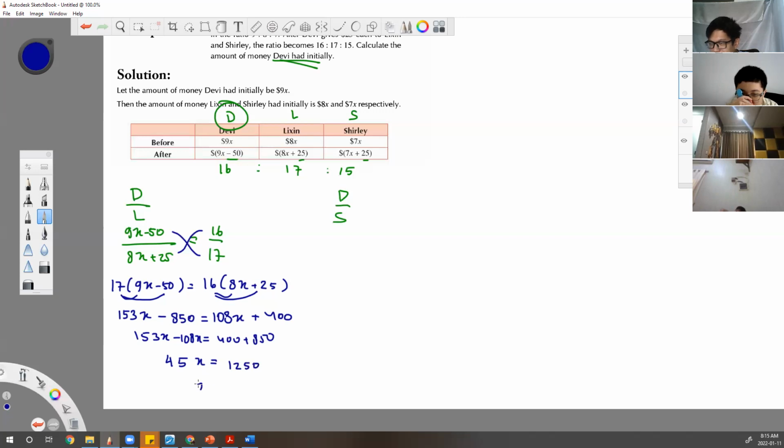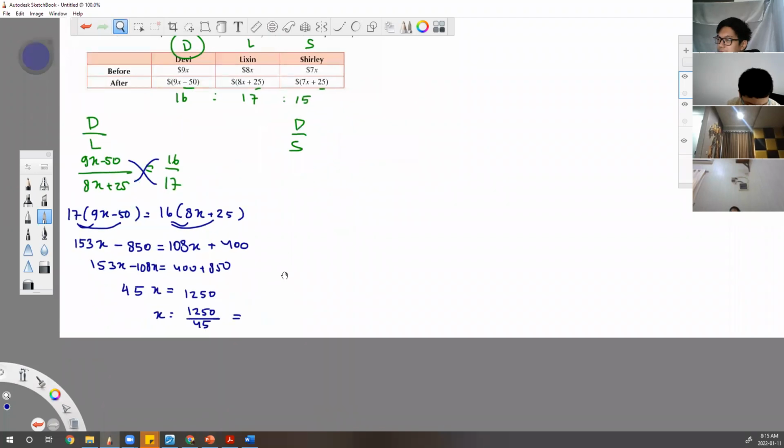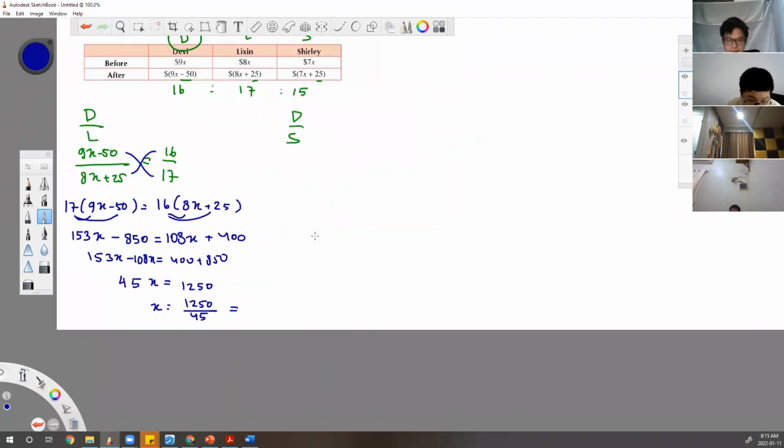Yuk, tolong dong hitungin. Kalkulator yang bawa. Yang ada. Berapa nih, guys? Yuk, tolong dong. Someone. Berapa? 1250 divided by 45. Ayo, guys. Hitungin.